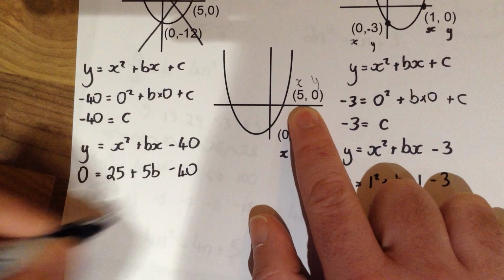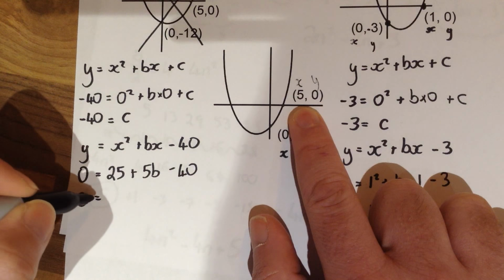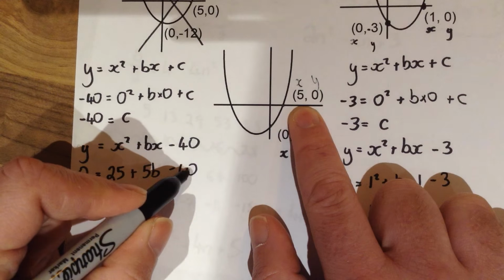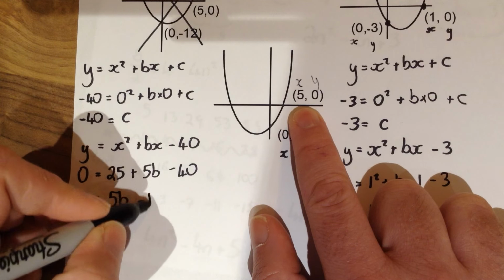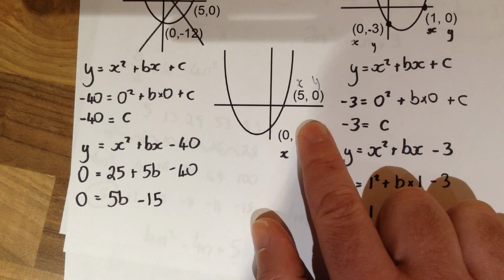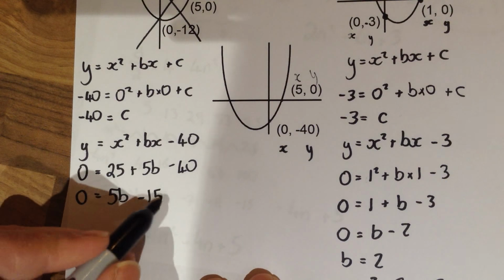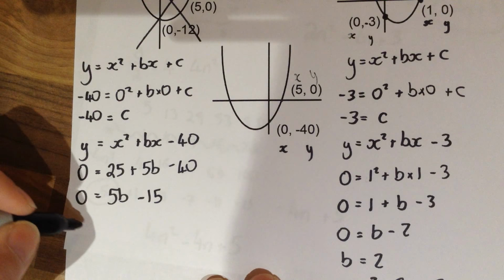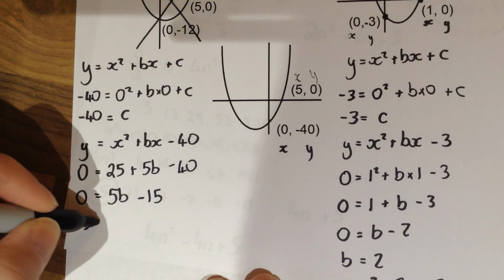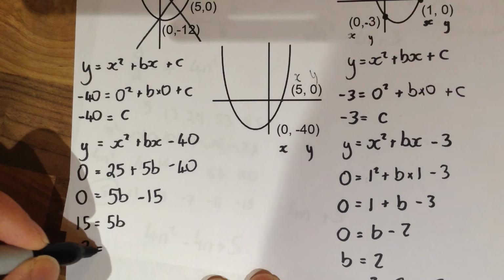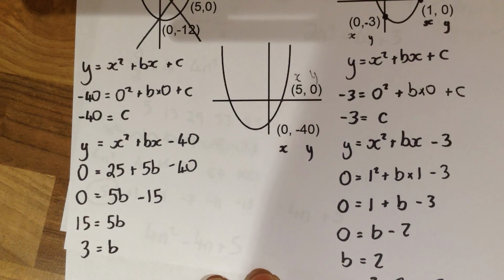If we neaten this up, we get 5b, and 25 minus 40 is minus 15. To find the value of b, we add 15 to both sides, so 15 equals 5b. Dividing both sides by 5 gives us that b must be 3.